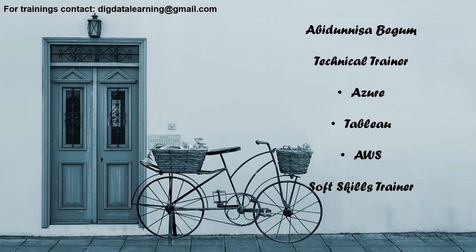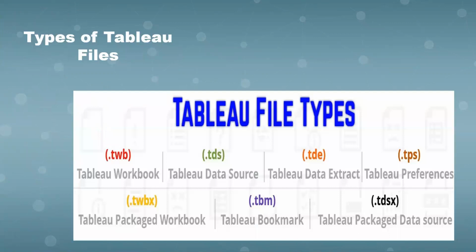Coming to today's topic, the types of Tableau files. In Tableau, we can save our work using Tableau-specific file types like workbooks, bookmarks, package data files, data extracts, and data connection files. But just remember, this is applicable only in Tableau Desktop.